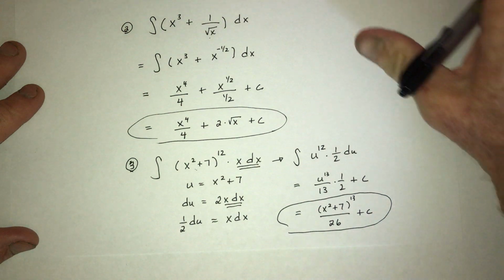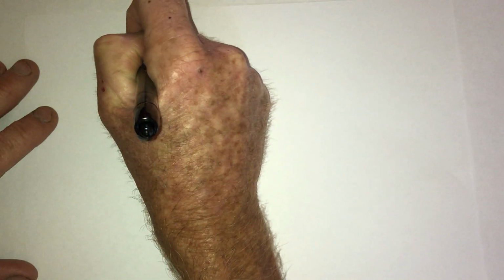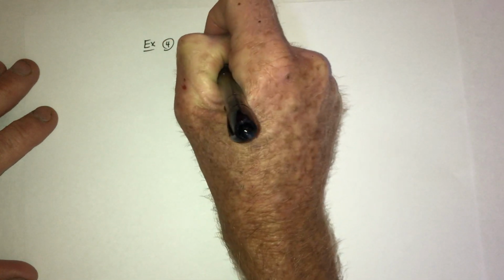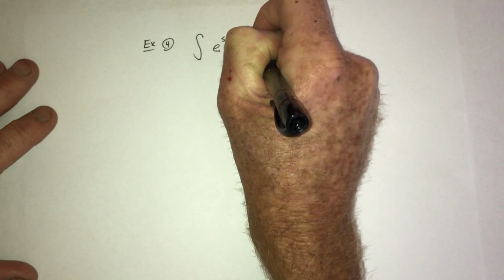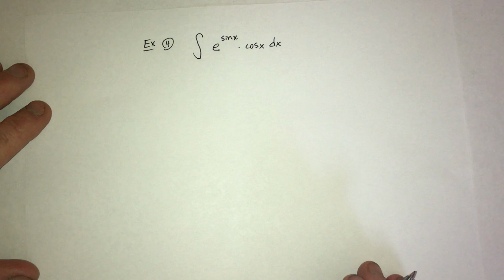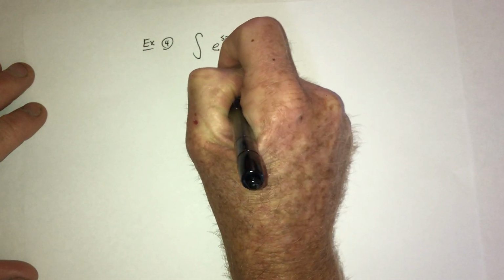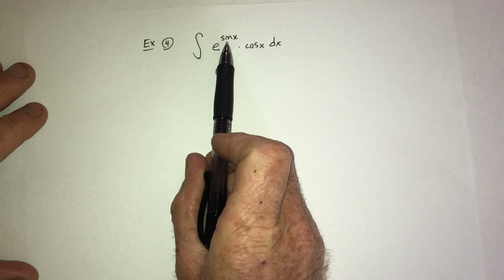Okay, so those are the three main types of problems we could do. Now on to some other examples. So for example number 4, integrate e to the sine of x times cosine of x. So for this one, use u substitution. With this e function, the sine function got substituted into it.